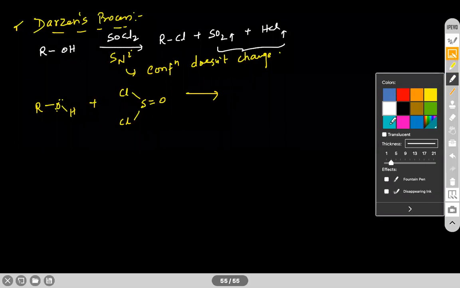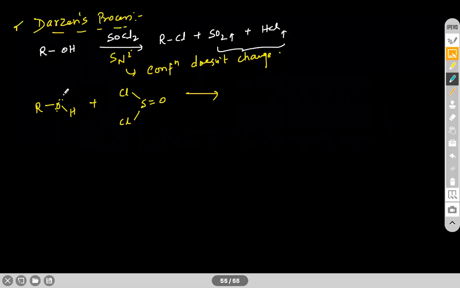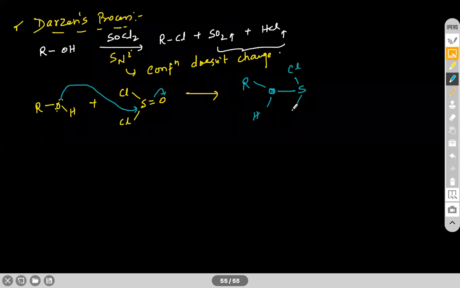So what happens here, you see, this lone pair attacks onto this sulfur, right? And this pi electron goes onto this oxygen. So we get ROH, and this O attached with sulfur, and sulfur has 2 chlorine atoms here with O minus on it.